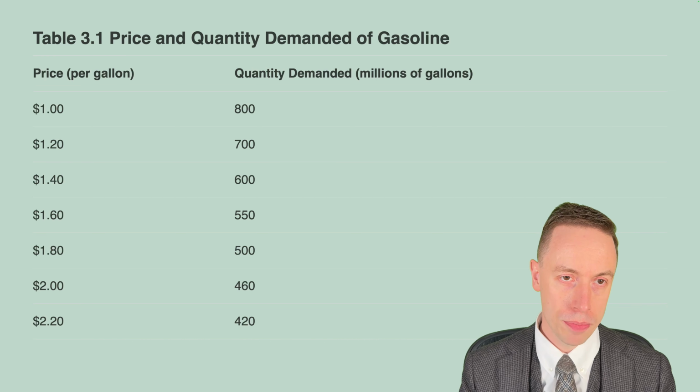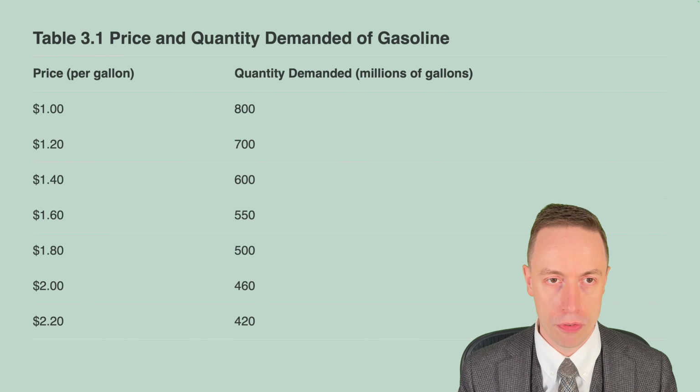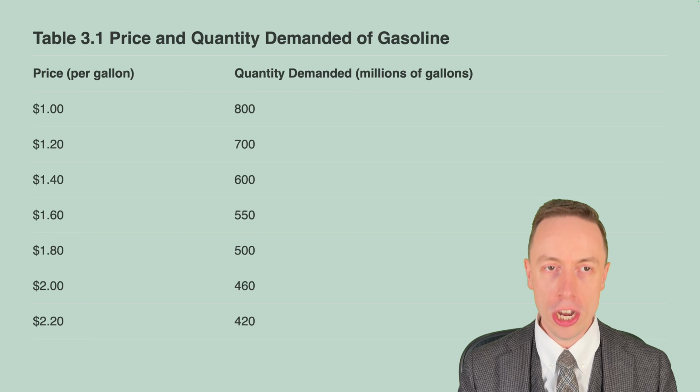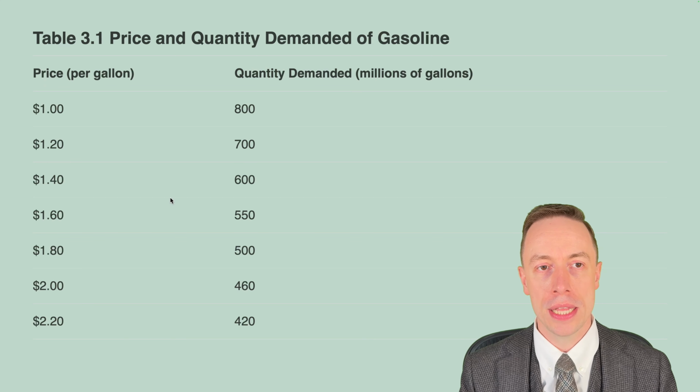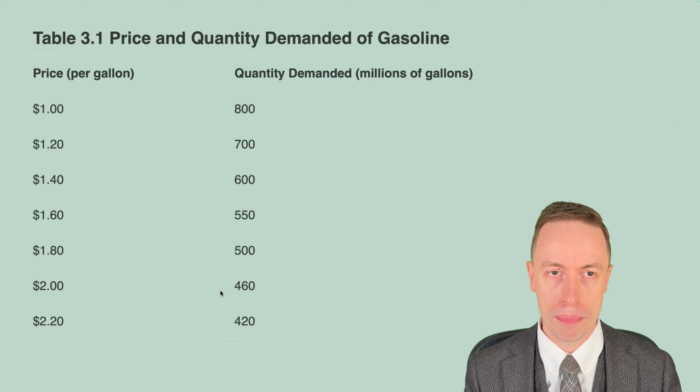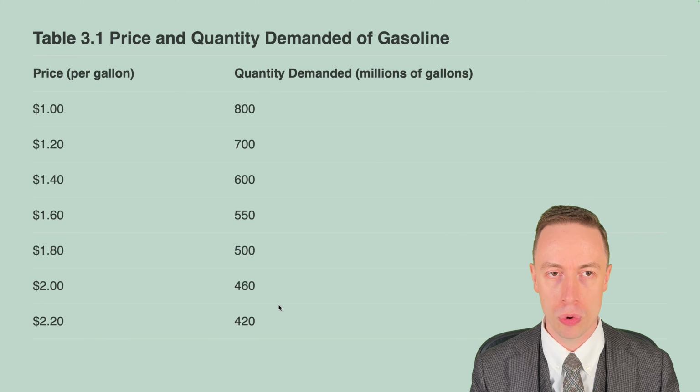As an economist, at least within the context of economics, I would not say that an increased price results in a lower demand for the product, which sounds a little unusual, but what's going on here is that if we use the term demand, we are referring to the entire relationship, the entire table, if you will.